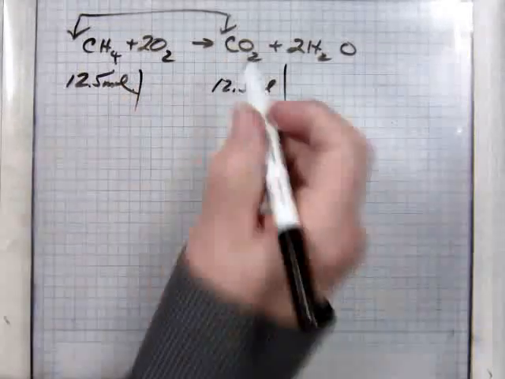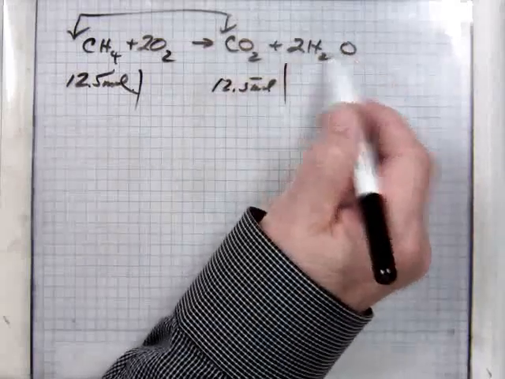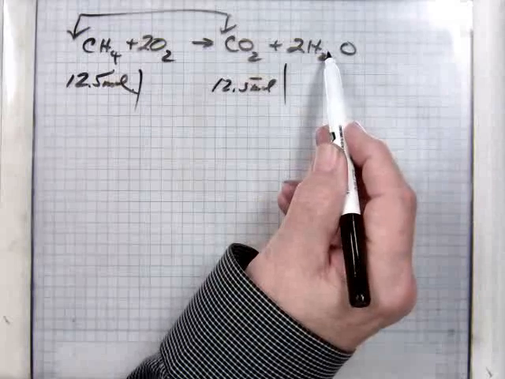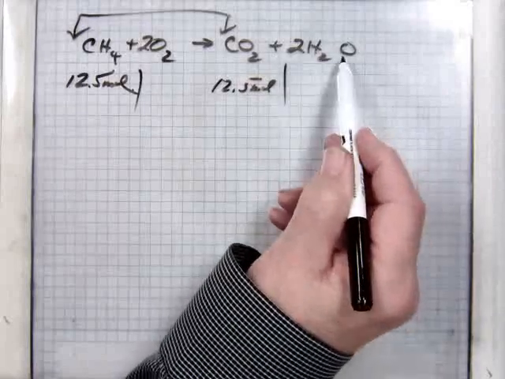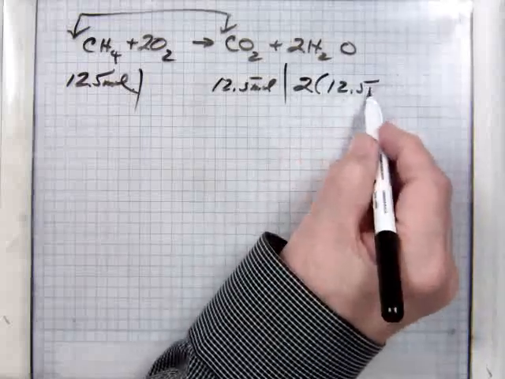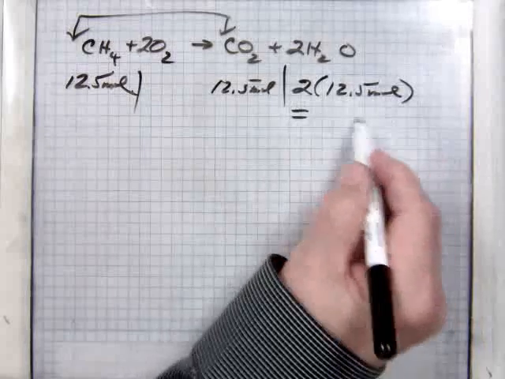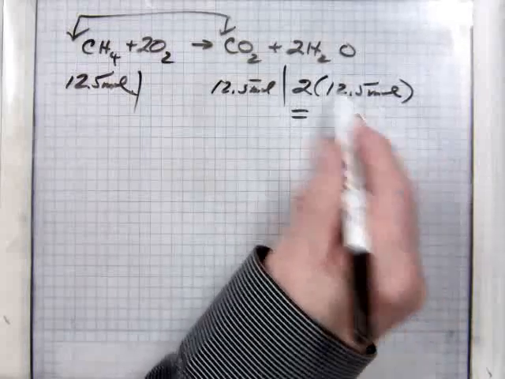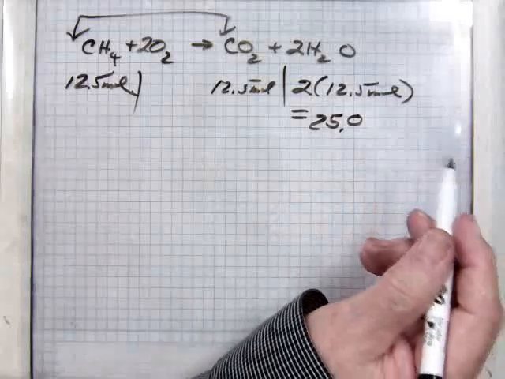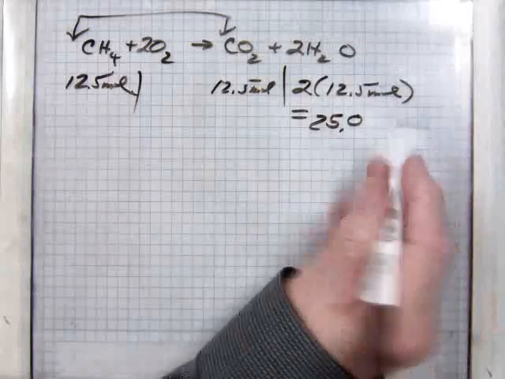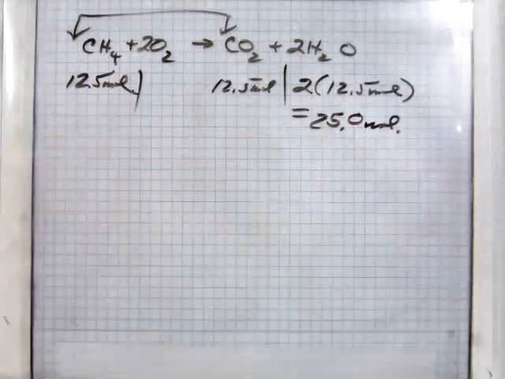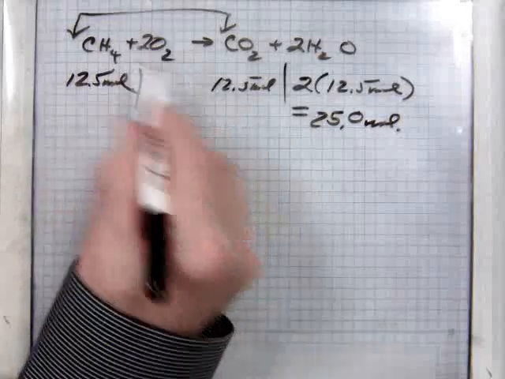Well, now the next question is, how much water is produced? Well, this is a 1 to 2. It's twice as much over here. So I need to double the 1 at 12.5 mole. Well, how much oxygen do I need?